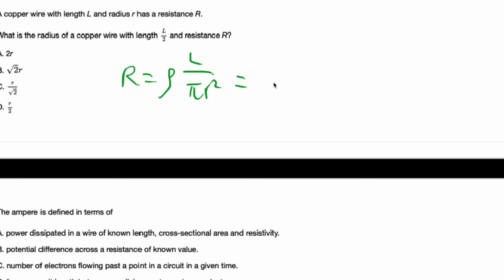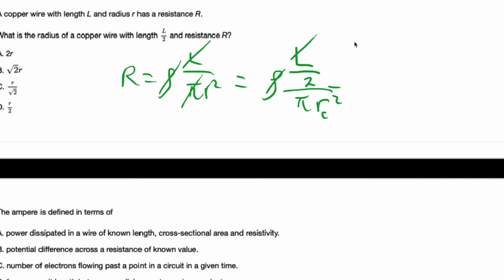So here it is equal to resistivity times L over 2 times area. And this is just equal to what? So resistivity cancels out, L cancels out, pi cancels out. So area here is also going to be equal to pi R sub C, so radius of copper squared.